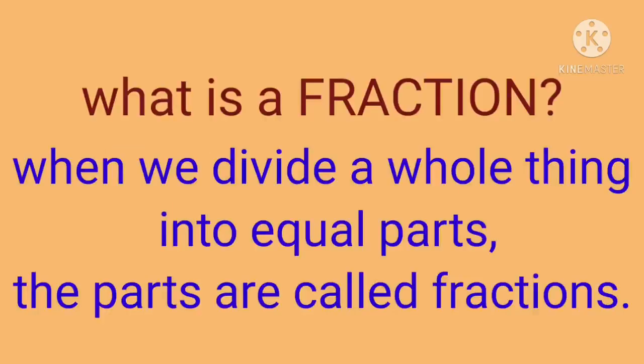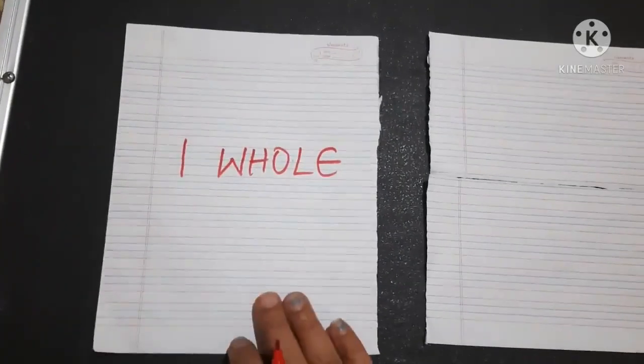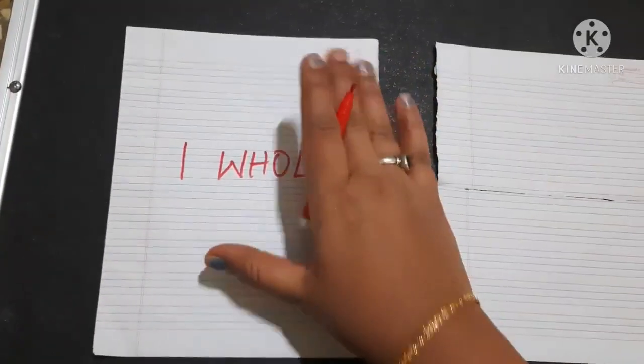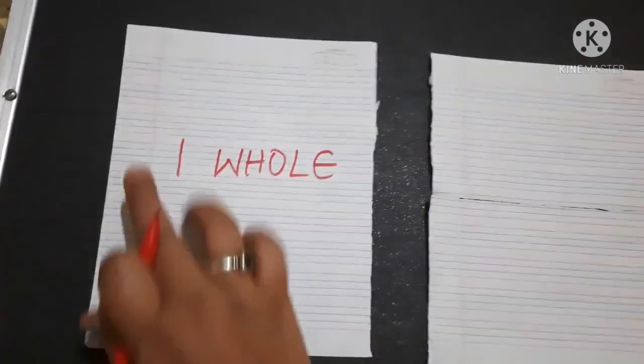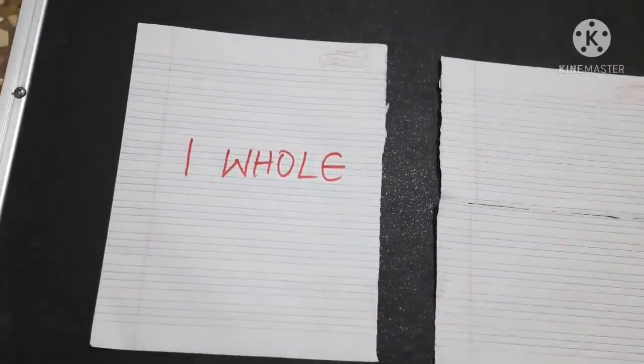Fractions. Children, what is a fraction? When we divide a whole thing into equal parts, the parts are called fractions. Children, now let us take an example. What is this? This is a paper, one whole paper.